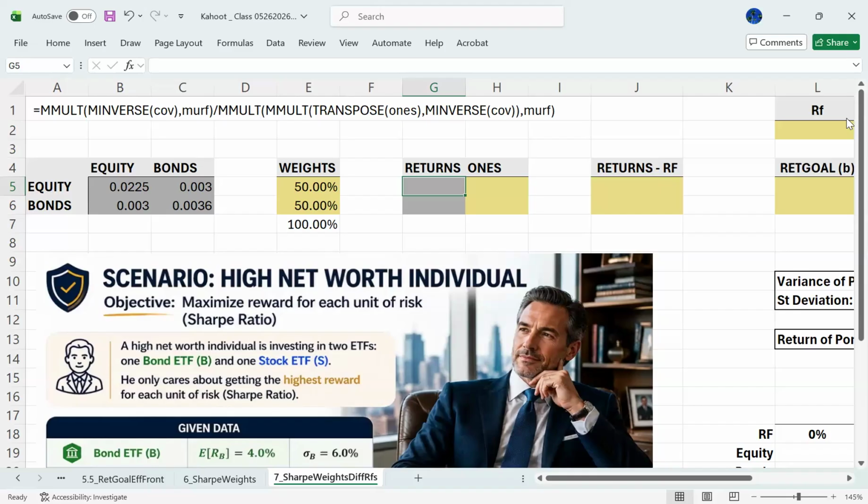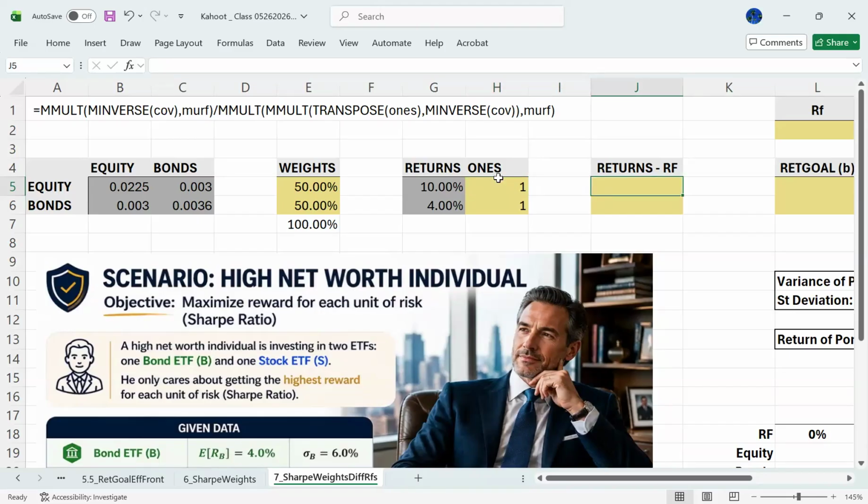The expected return from the bond allocation is 4%. The expected return for equities in this hypothetical world is 10%. And once again, we will have a matrix full of ones, which is a matrix of n by one, n number of rows.